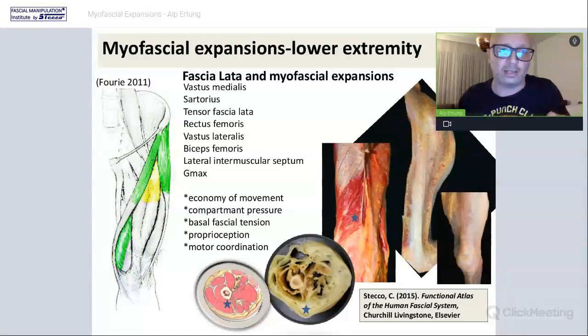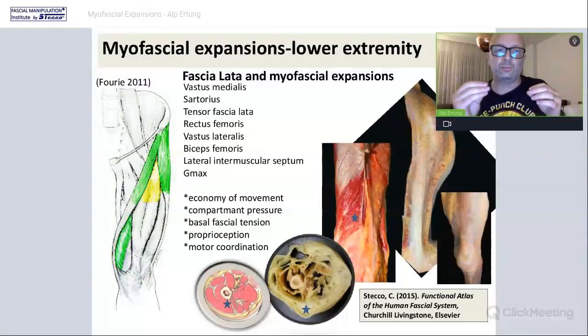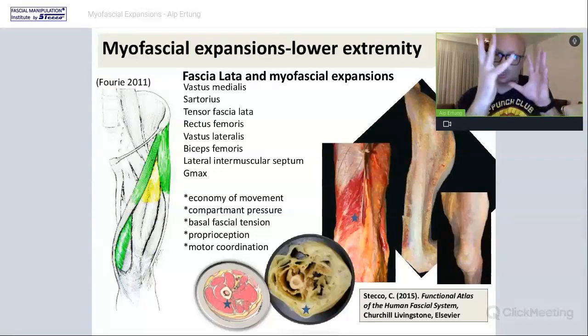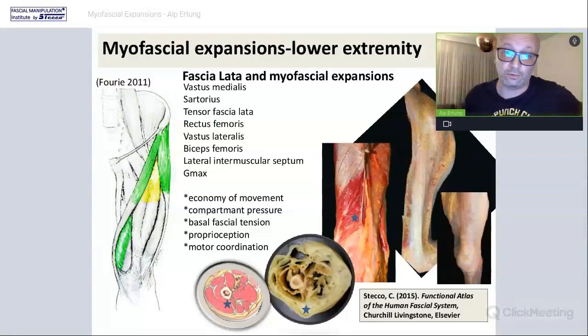So this is one idea, and for the economy of movement, for the economy of energy expenditure. And also the basal fascial tension is important, as we talked before. And the proprioceptive activity, the motor coordination, they are all happening here and in other places, of course. And this explains some more details about the reasoning of this structure.